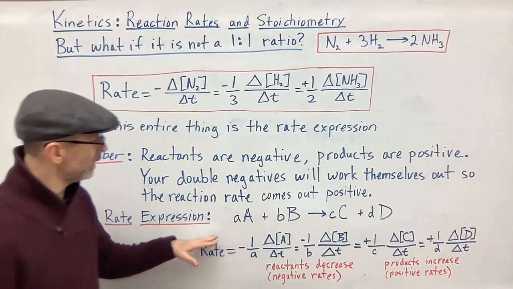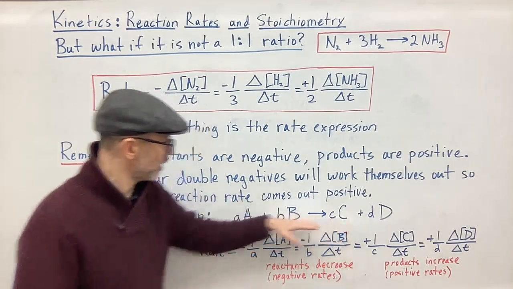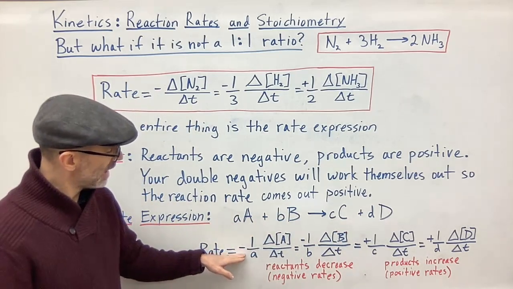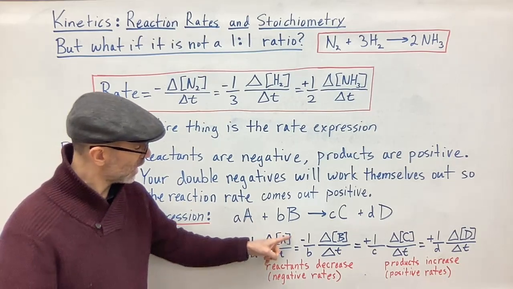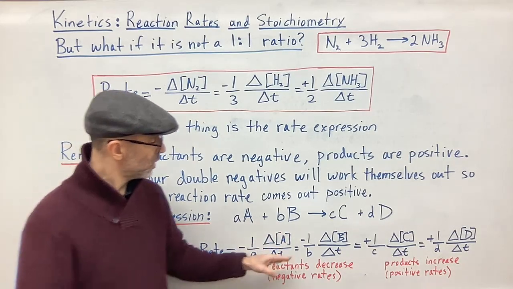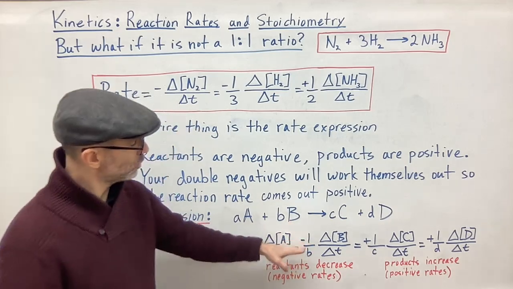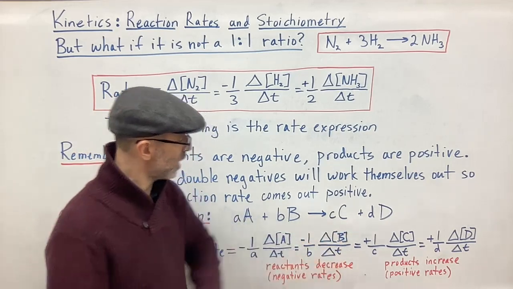If we're going to write the generic rate expression for this reaction, the rate is equal to the negative of 1 over little a multiplied by the change in the concentration of big A over the change in time, which is equal to the negative of 1 over little b multiplied by the change in the concentration of big B over time.